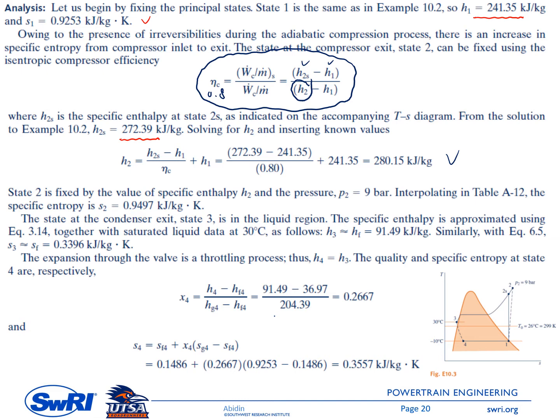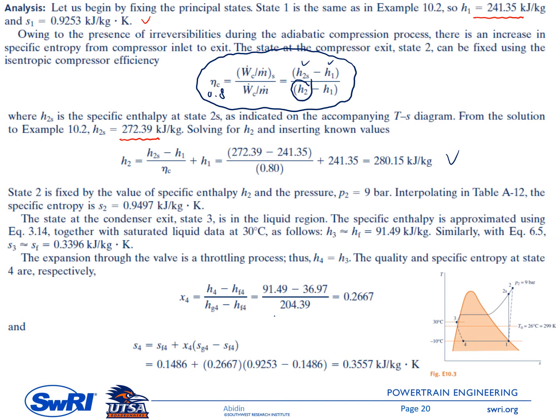Quick check whenever you are doing such a problem in an exam: make sure that your H2 is higher than H2S. If for some reason you get H2 lower than H2S, you need to recheck your calculation. Here H2 is 280.15 kilojoule per kilogram, while H2S is 272.39 kilojoule per kilogram.